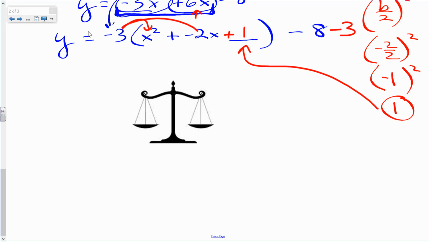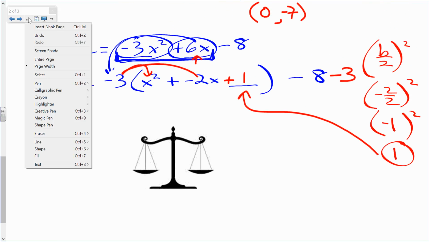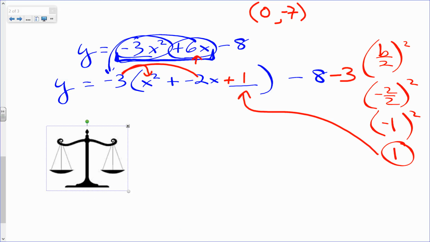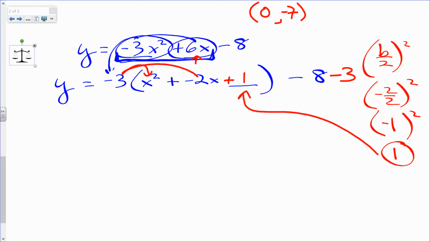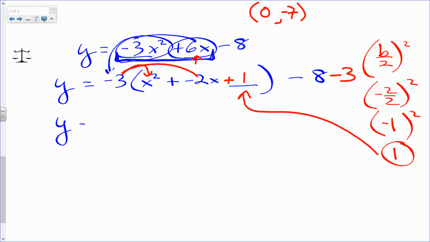Let's do it. So we have y is negative 3 times, now we can factor this trinomial.